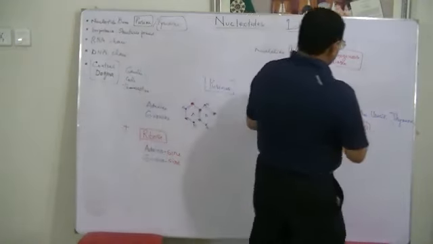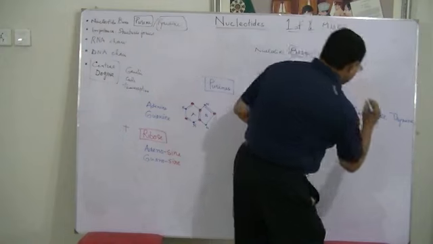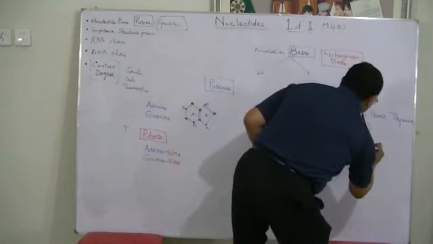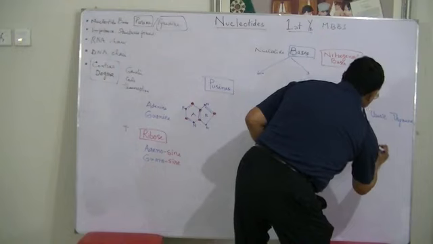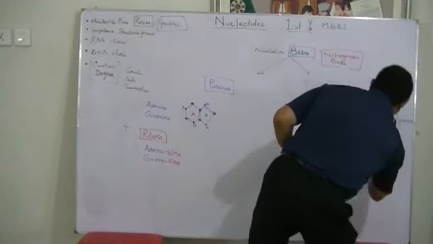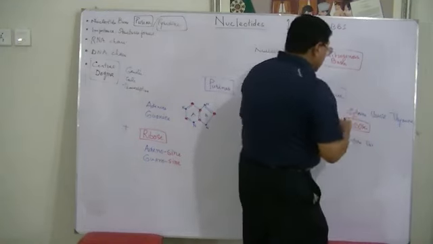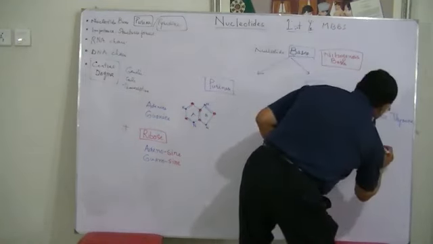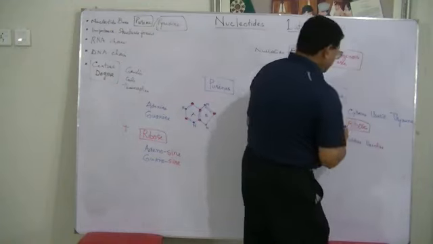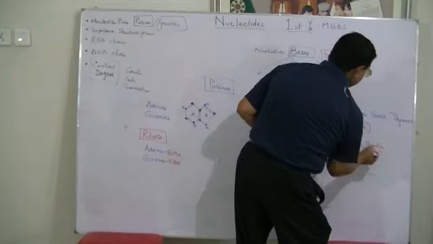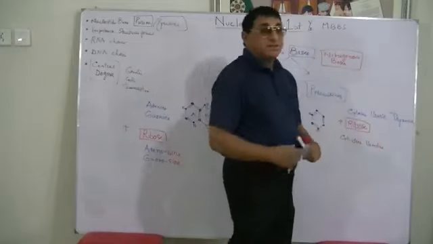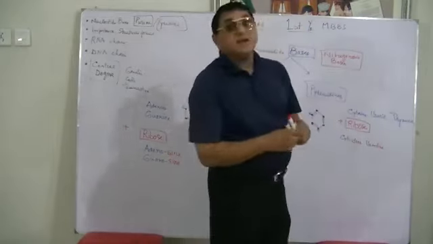Similarly, uracil plus ribose forms uridine. And similarly, thymine, it forms thymidine.